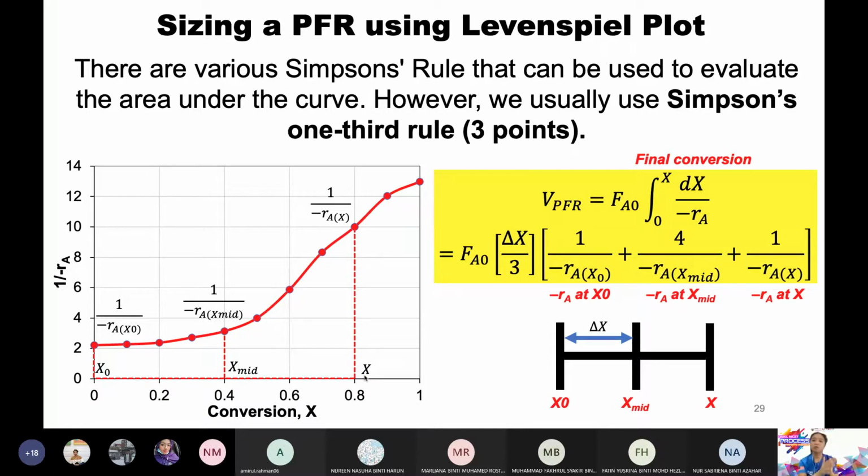Katakan kamu imagine initial conversion 0.6, final conversion 0.8, middle conversion dia 0.7, delta X dia 0.1 if you realize. So, you understand yang delta X tu, kalau dia single reactor, yes, is equal to the middle conversion, but in a reactor in series, dia dah tak sama. So you have to understand actually the concept of the delta X, which I want to emphasize. Delta X tu adalah julat atau the difference between initial X to the middle X or middle X to your final X. Okay, then you divide by 3.